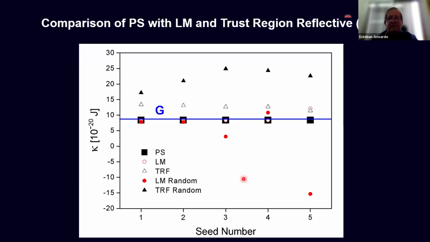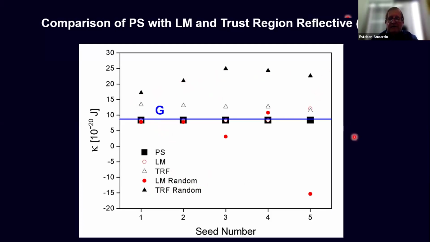Of course, the same random seeds are used for these 2 engines, and you see that they are not working too well. So I come back to TRF with the same seeds. You see that it's relatively close, but when you start to use random seeds, which may be far away from the solution, it is failing.